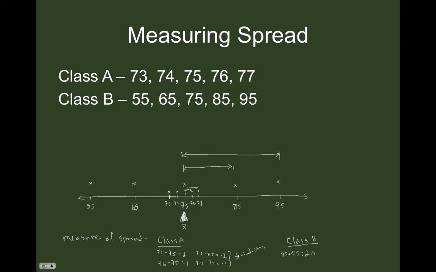And I would have 85 minus 75, which is 10. And we'd also have 55 minus 75, which is -20.